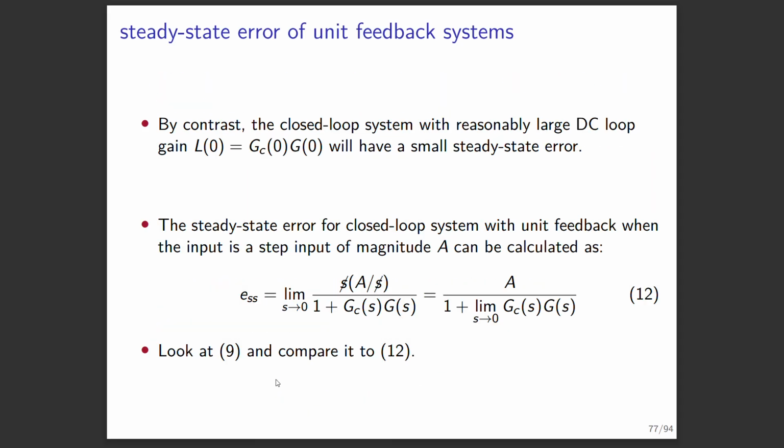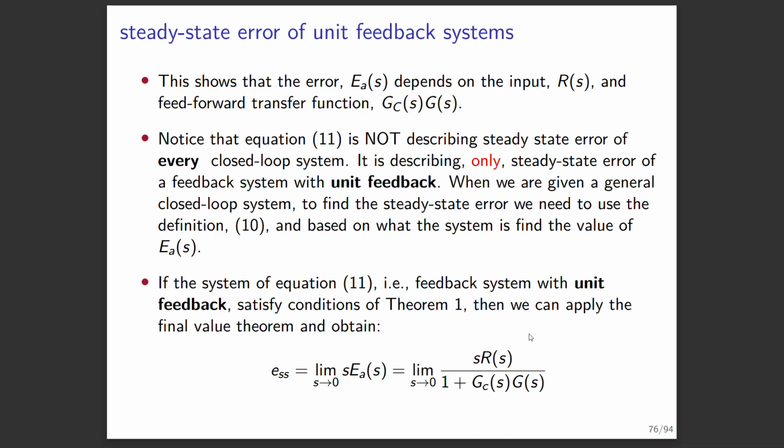All right, so let's think about it. This is going to be the steady-state error, and I want to find out what the steady-state error of a system is. Now, what we are going to see in the next few slides is what happens for different values of R, and then the conditions that we need for G times GC to make steady-state error 0.